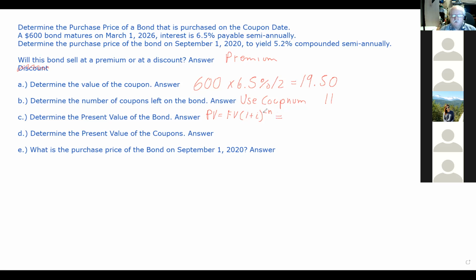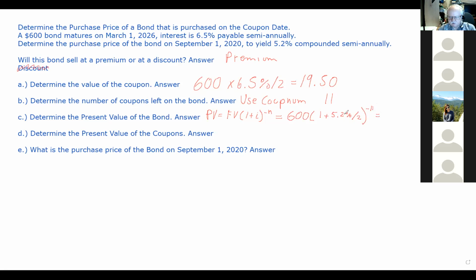So the face value of the bond is 600 times (1 plus, and this uses the market interest rate of 5.2% divided by 2), and it's to the power of negative n, which we now know to be negative 11.